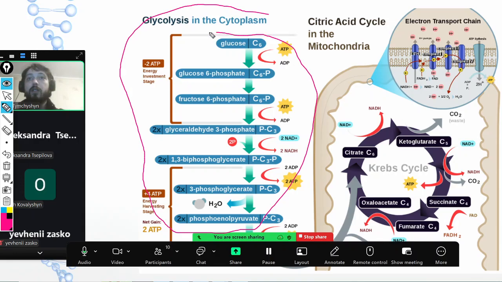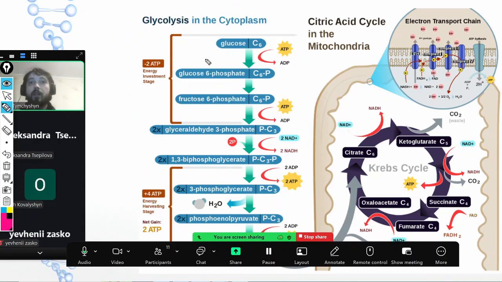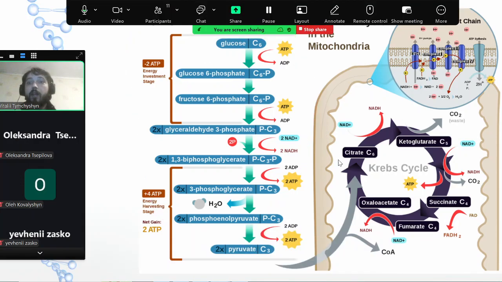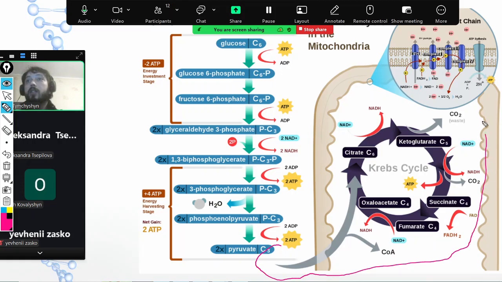So here it is. Here is our glycolysis, and today I want to consider what is beyond the glycolysis. So we were able to get to the pyruvate, or maybe even to phosphoenolpyruvate, and now the idea is to consider what happens next.